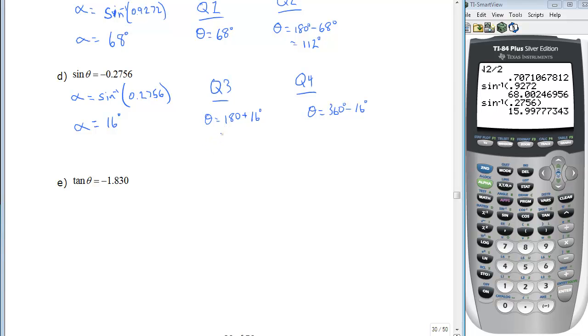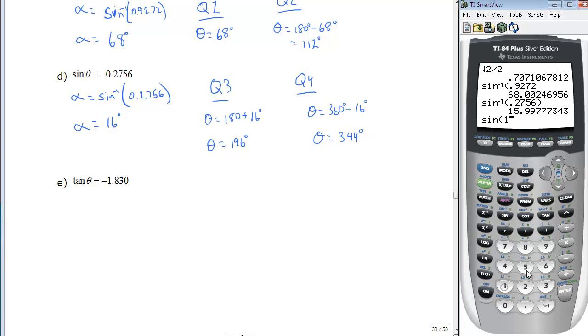Make sure these angles are always with the x-axis. So we get 196 and 344. And if we did a quick check, the sine of 196 is negative 0.2756, which is what we have, and sine of 344 is the same. So our answer is good.